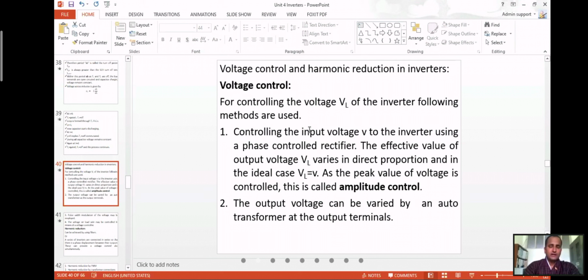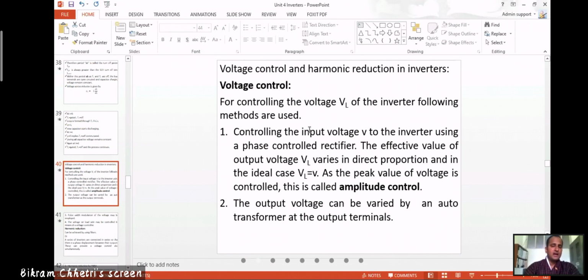So the first method for controlling the output voltage of the inverter is controlling the input voltage to the inverter using a phase control rectifier. You can use the rectifier because we are converting.